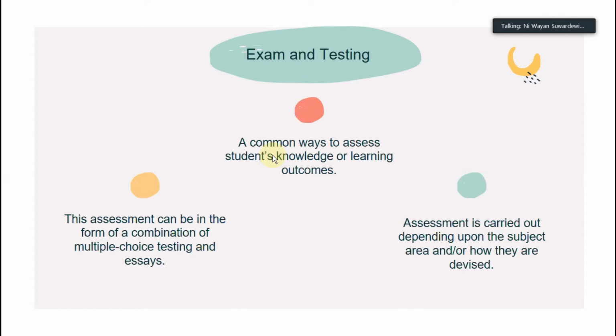And this assessment is carried out depending upon the subject area and how it is divided. For example, when the teacher wants to conduct a midterm test, the subject area will be from the beginning until the middle part of the chapter.